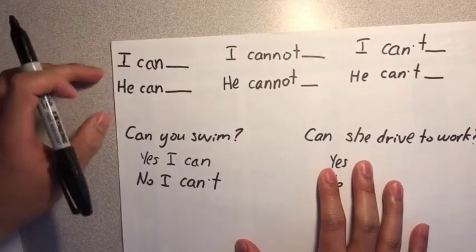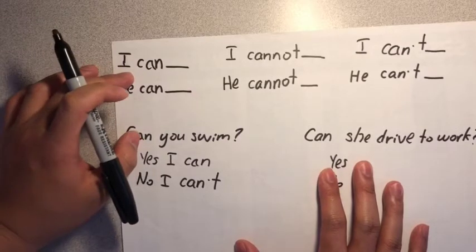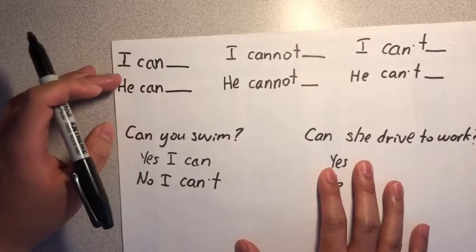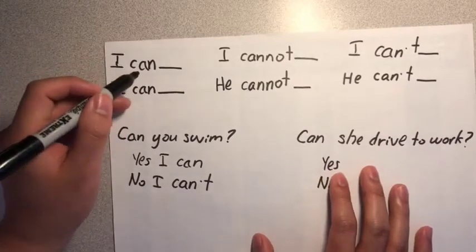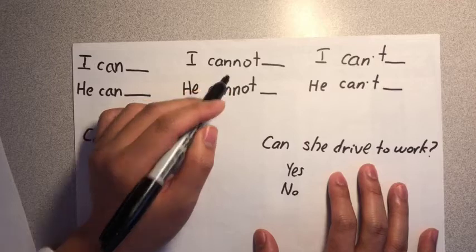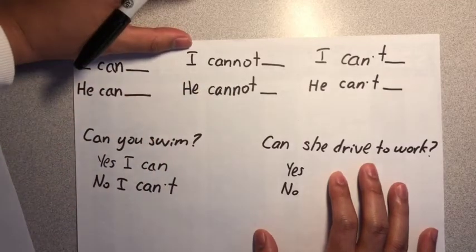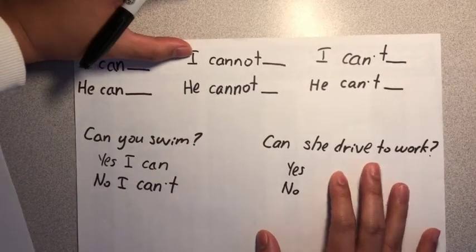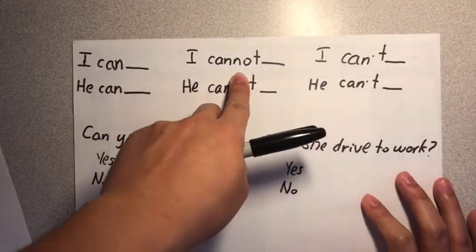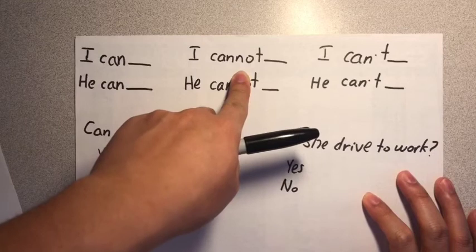Always can. I can drive, I can cook, I can write, I can read, I can speak. This is can. This is cannot. It means you don't know how, or it's not possible. It is not possible. I cannot swim. I cannot drive. I cannot fly.